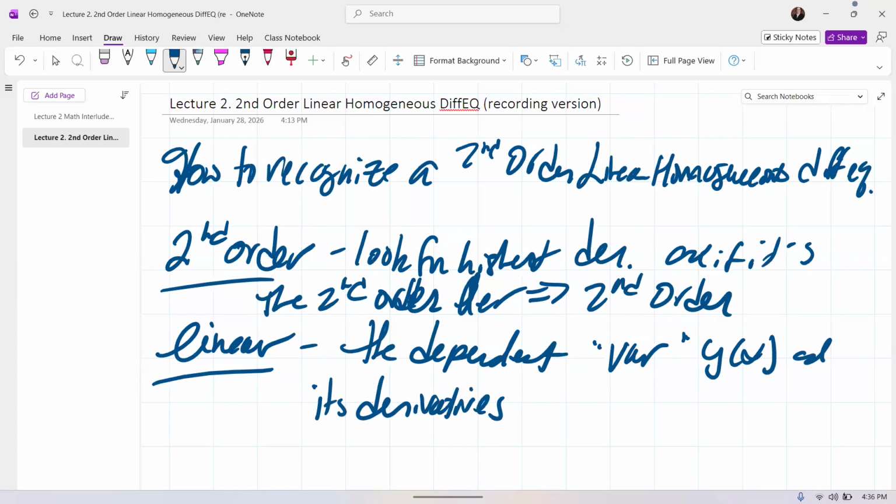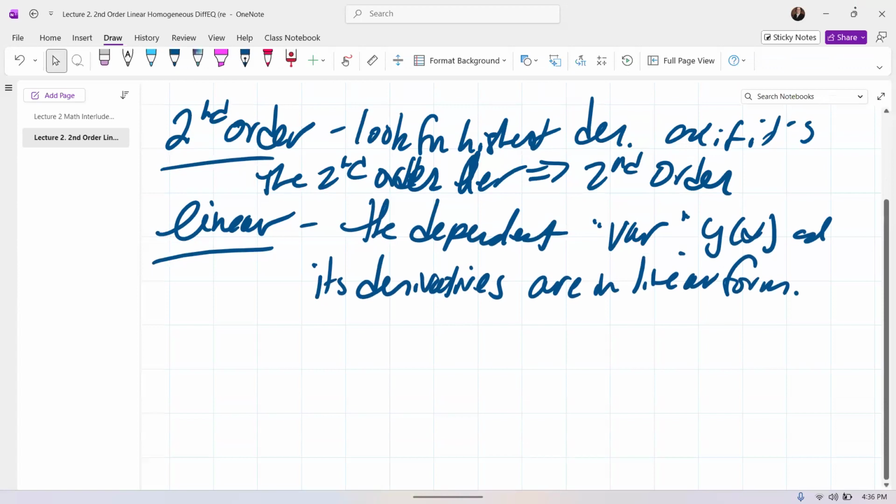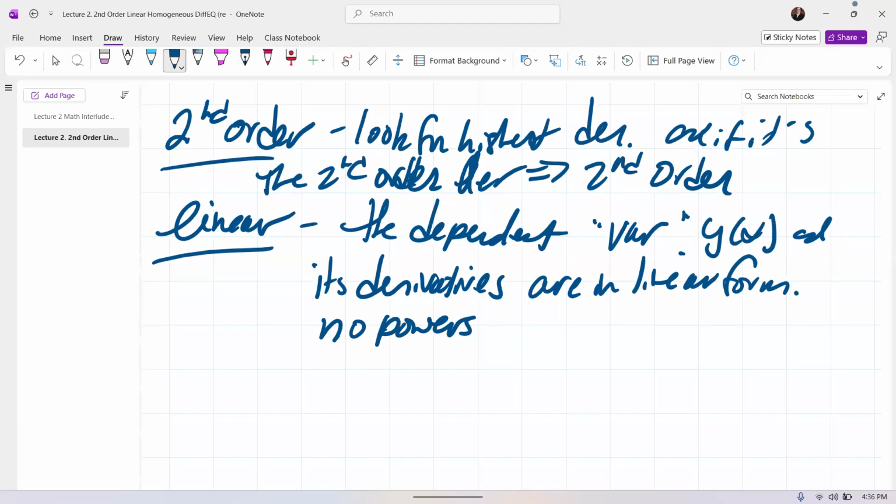And its derivatives are in linear form, like the line. That's what we have in mind here. So this means no powers, no sine, no cosine, blah, blah, blah. Any funky stuff. You can just have very plain equations.